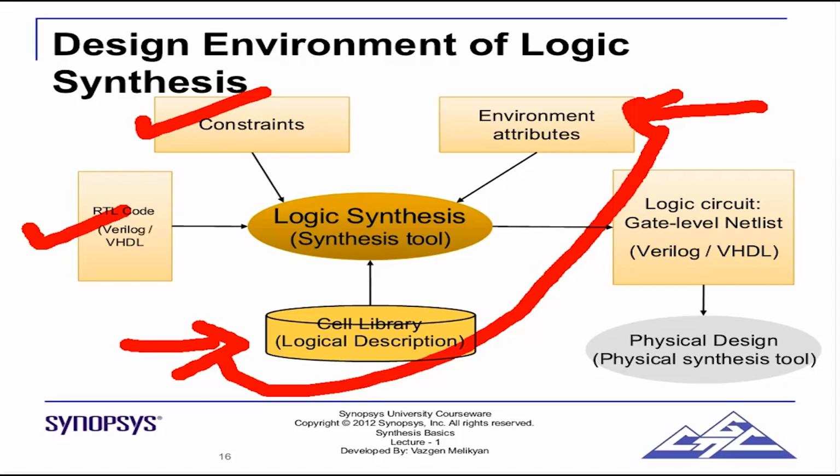This gate level netlist goes to the physical design tool, where the gates are laid out, the actual wires are drawn, routing takes place, and many things happen. As far as this course is concerned, we will not be looking at this. Our job is to make sure that we get a correct gate level netlist out from the logic synthesis tool.